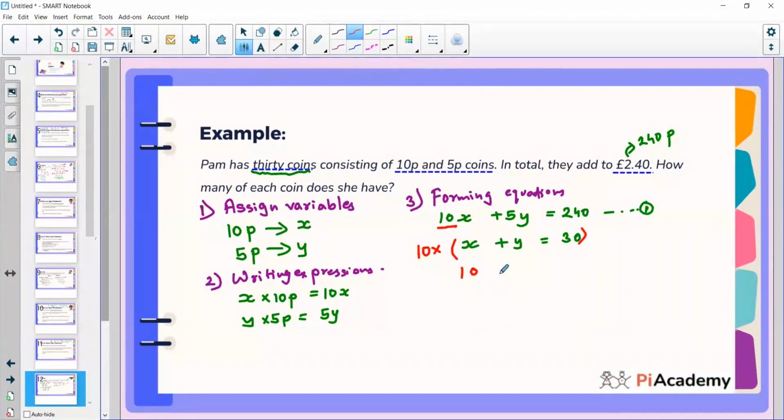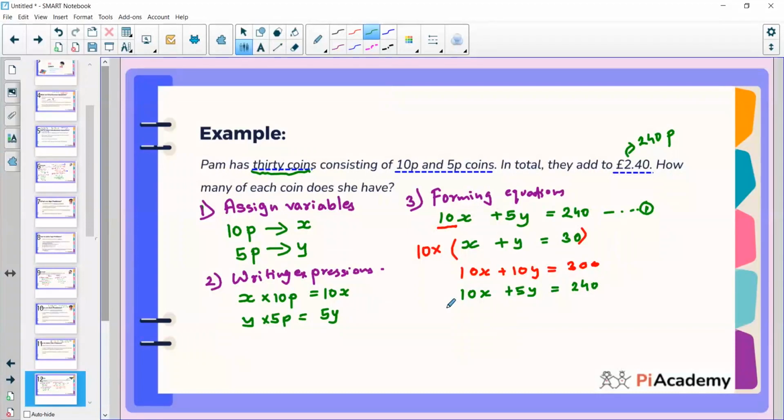I would have 10x plus 10y as 300. Now, this equation and the first equation have the same coefficient for x, which is 10. So let me write the first equation down. 10x plus 5y is 240.